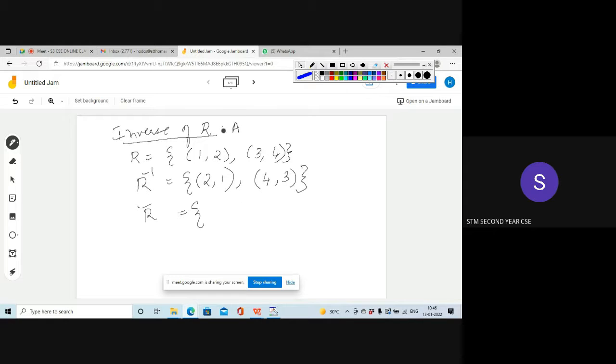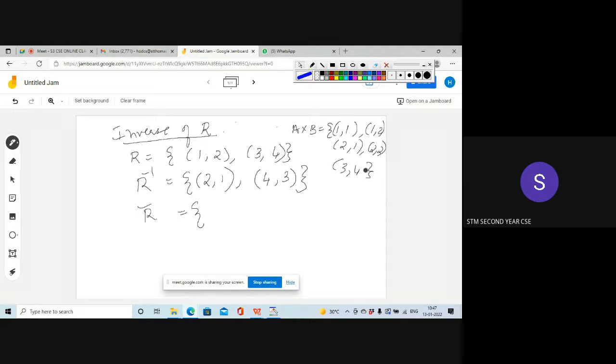Then R complement means those that are in A cross B. Suppose A cross B is the ordered pairs (1, 1), (1, 2), (2, 1), (2, 2), and (3, 4) also is here.